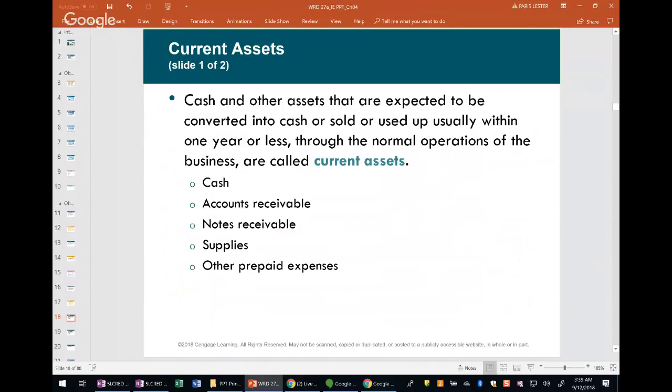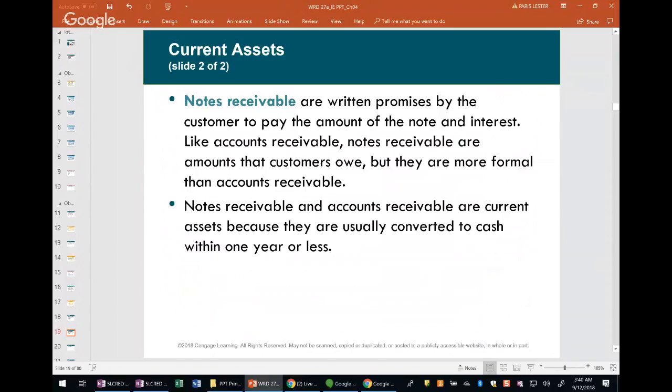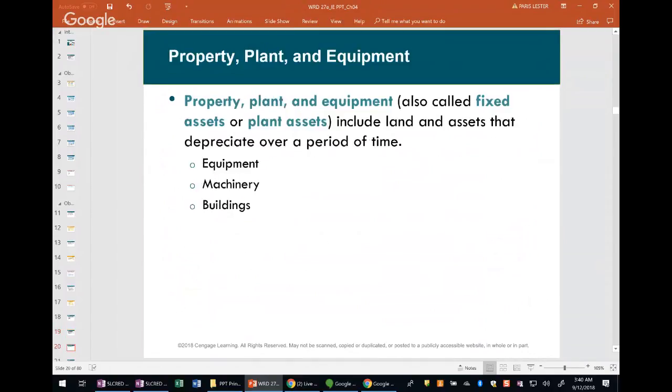Current assets: cash, accounts receivable, notes, that's under a year, or any kind of notes receivable, supplies, and prepaid expenses. Property, plant, and equipment, sometimes called fixed assets or long-term assets, is your equipment, machinery, and building.